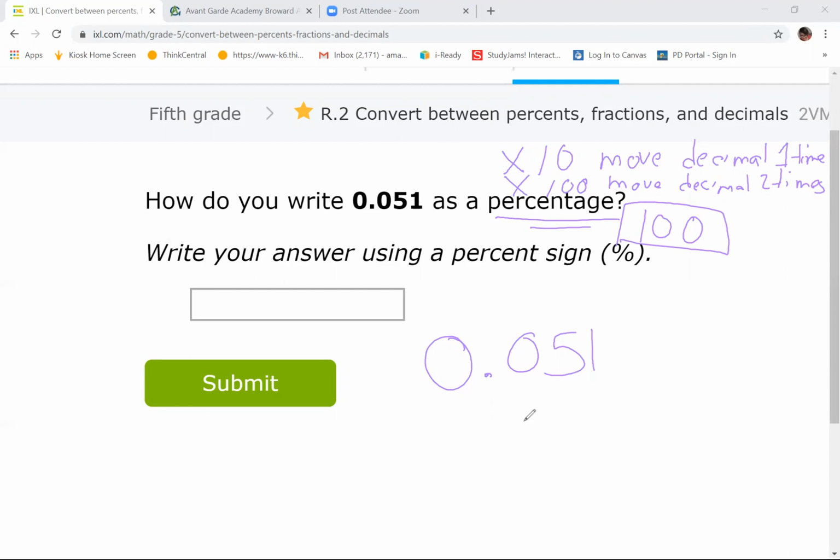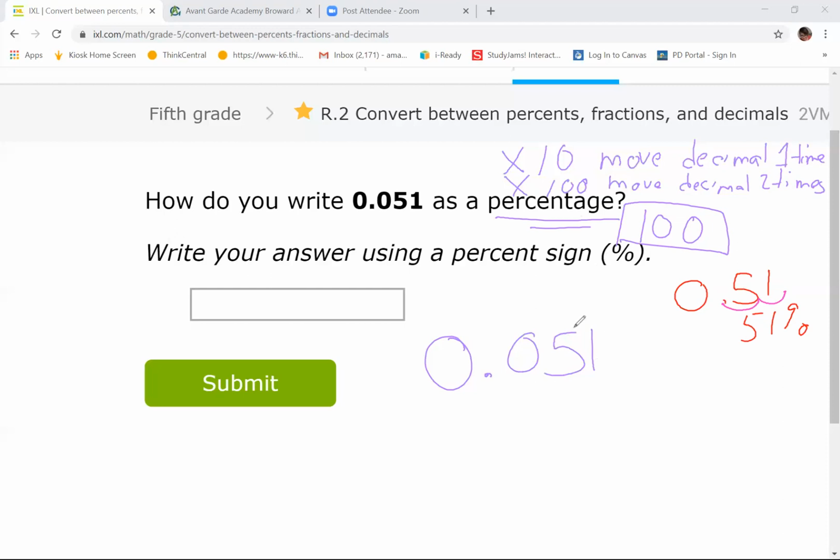So think about this. If it was this, we know it would be 51%, right? And the reason is because that decimal moves over 1, 2. We're multiplying it by 100 because it's out of 100. The same thing's going to happen here, except we don't have 51 hundredths, we have 51 thousandths.